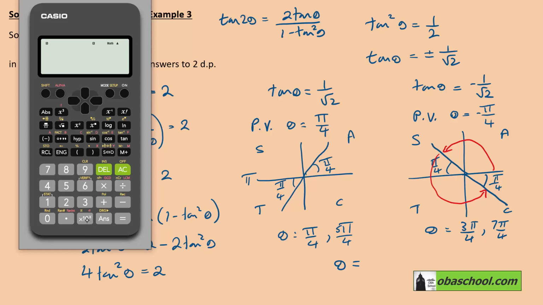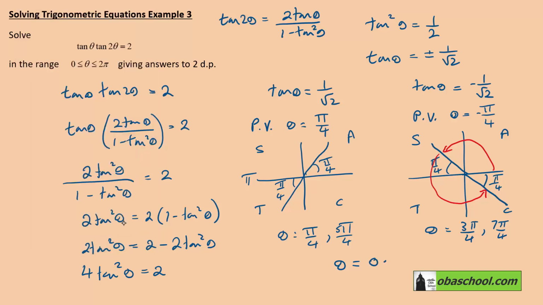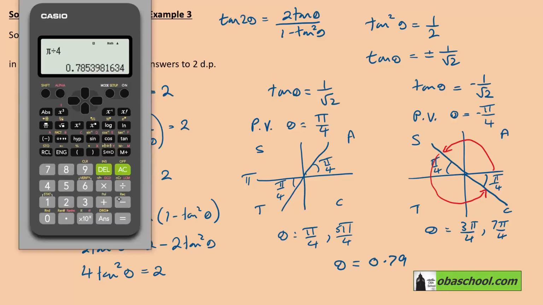I'm just going to go shift and then pi, and then divide that by 4. And if I want that to 2 decimal places, that's 0.79. And then for 3 pi divided by 4, I can just multiply that answer by 3. So that's 2.36.